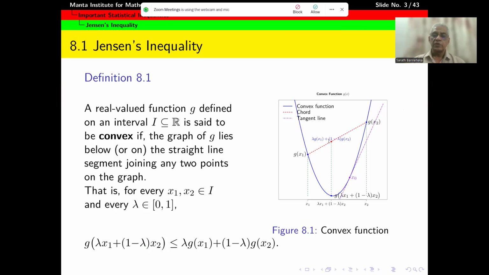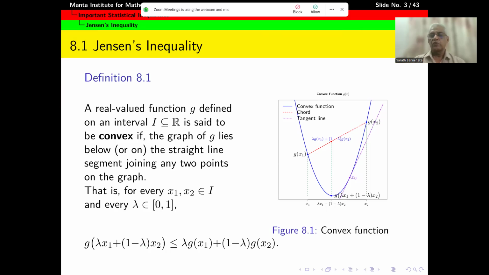Right. So if you consider the corresponding point on the graph, that can be written as g of lambda x1 plus 1 minus lambda x2, because the corresponding x value here is equal to lambda times x1 plus 1 minus lambda times x2. So the point on the graph corresponding to that point is g of lambda x1 plus 1 minus lambda x2.